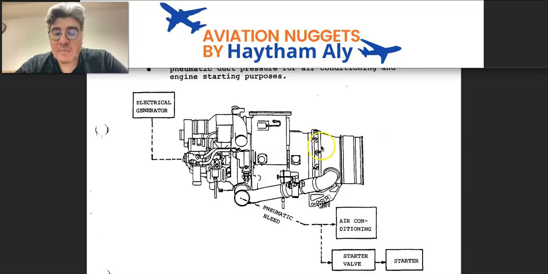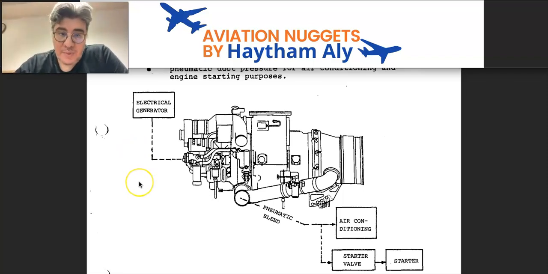Okay, everybody? The power section is a small gas turbine engine that provides mechanical shaft power to rotate the load compressor and the gearbox. The load compressor is meant for the pneumatic load. And the gearbox will rotate the electrical generator, which is meant for the electrical load.